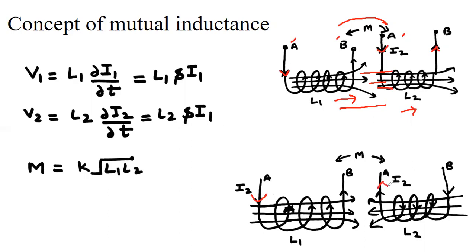In this, in the first coil, current is entering from terminal A, while in the second coil current is leaving terminal A. So here the fluxes are opposing each other.